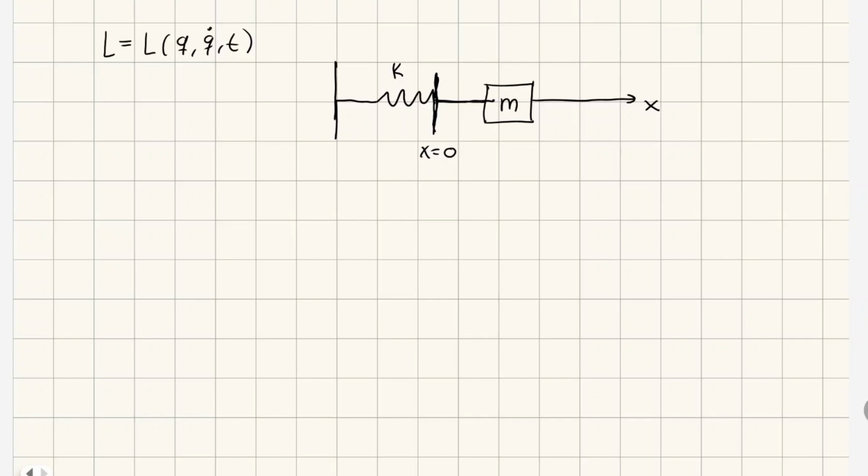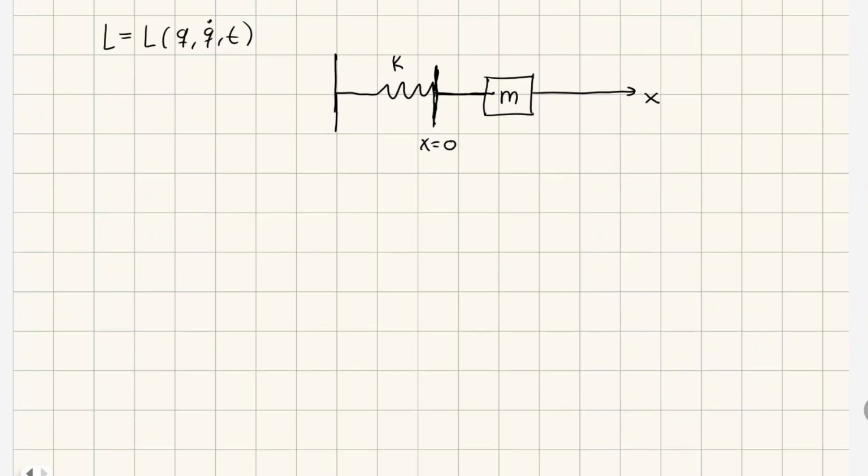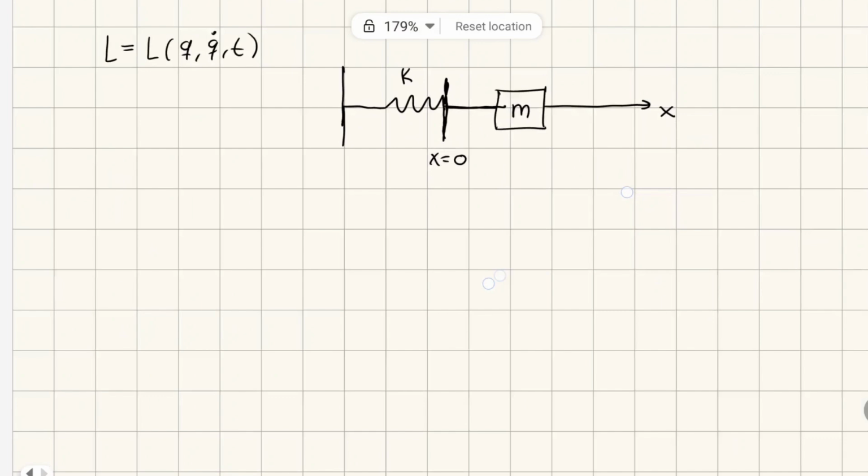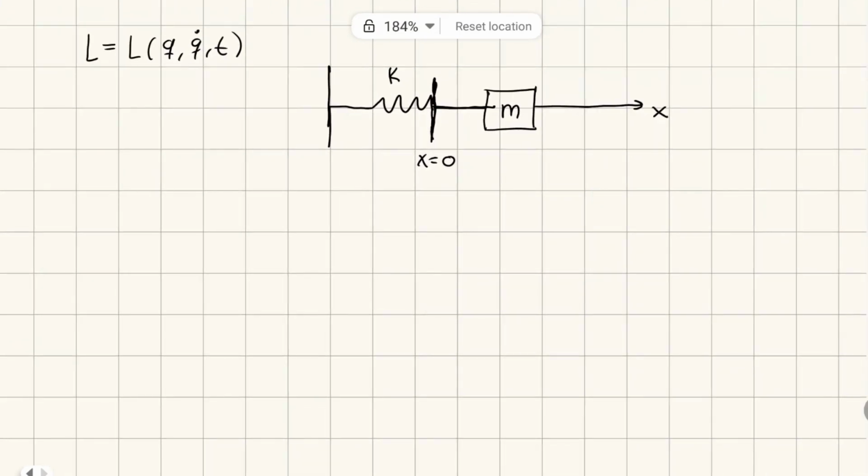We want to notice here that due to the air resistance, we are going to have also a damping force. That damping force will always be opposite to the motion of the block.